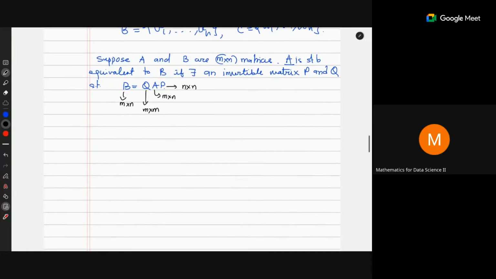So now let's say you have a linear transformation T from V to W, and you have two sets of bases on V and two sets of bases on W. Beta 1, which is, let's say, V1,1, V1,2, up to V1,n, is one set of bases, and beta 2 is another set of bases, V2,1, V2,2, up to V2,n.